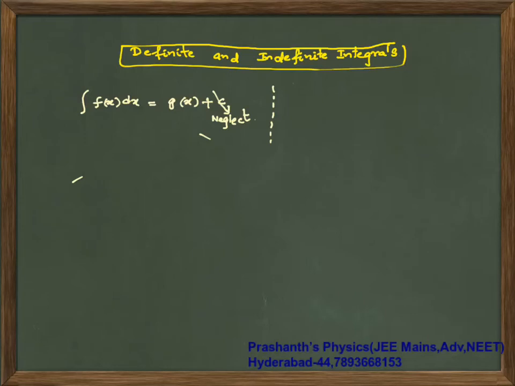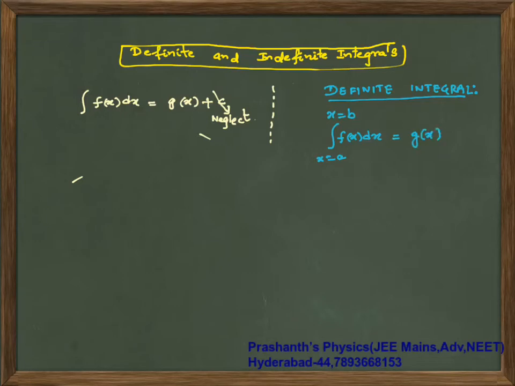In a definite integral, the integral of f of x dx from x equal to a to x equal to b is equal to g of x.